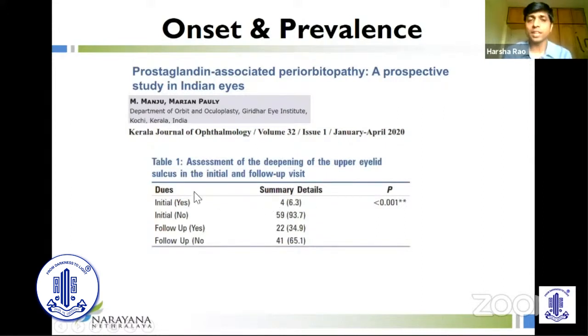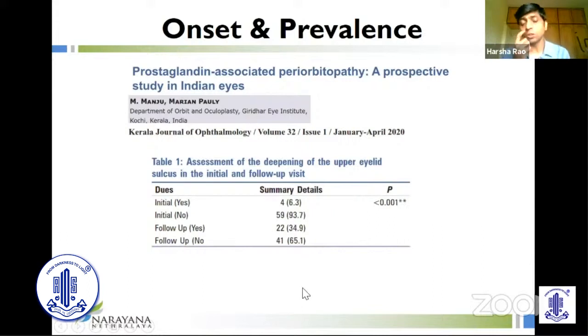If you look at the initial visit here, it was only 6% or 4 eyes that had signs of DUEs, while over the follow-up period of 6 months, 35% of the eyes showed signs of DUEs.